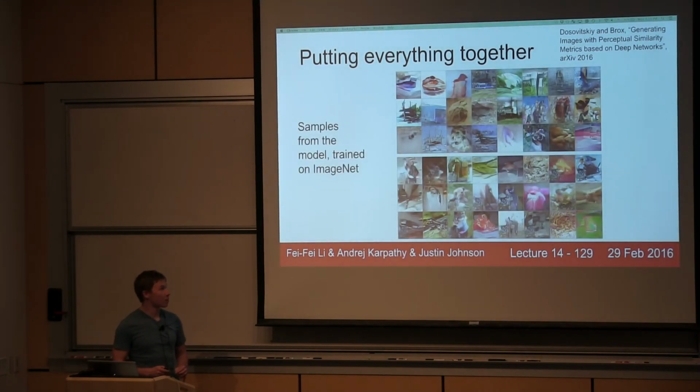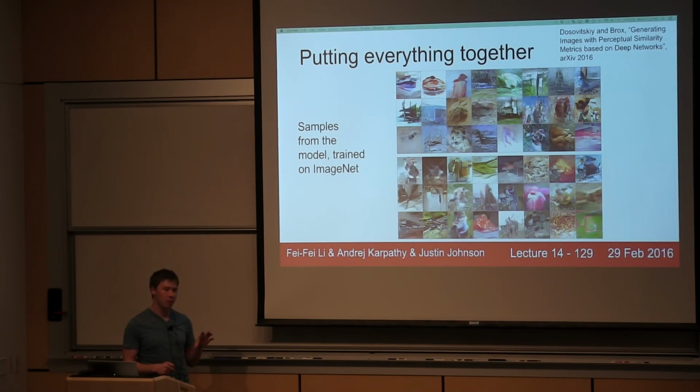So here are the examples from the paper. They just train the entire thing on ImageNet. So I think these are actually quite nice samples. And if you contrast this with the multi-scale samples on CIFAR that we saw before, remember, for those samples they were actually training a separate model per class in CIFAR.